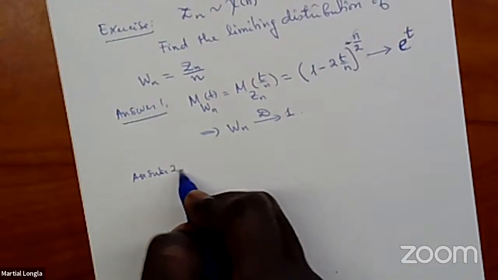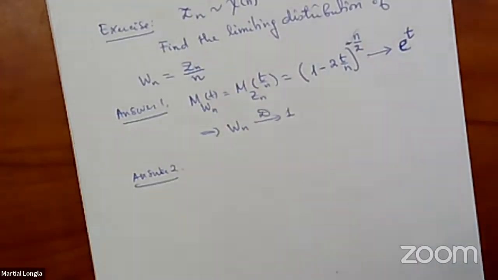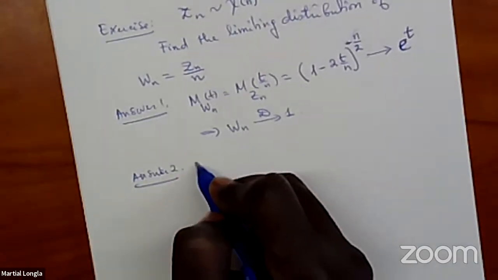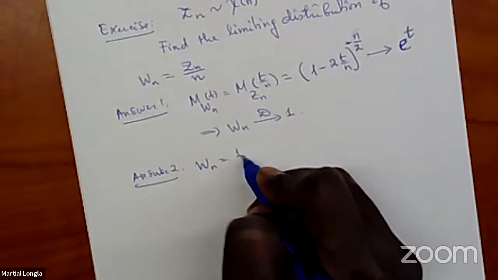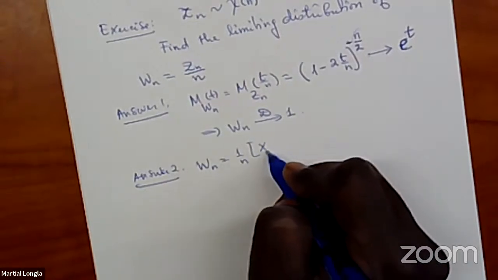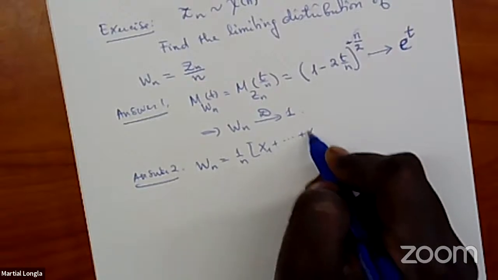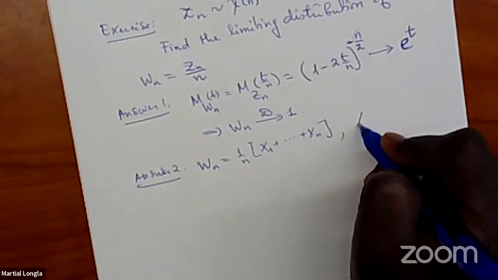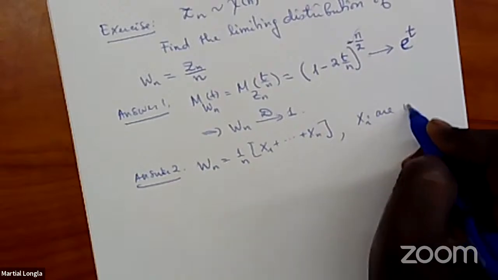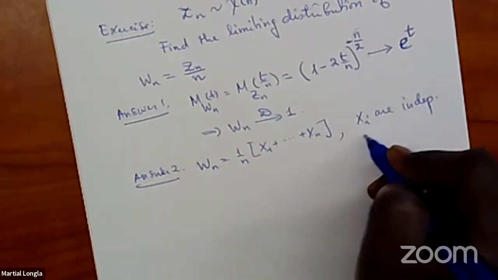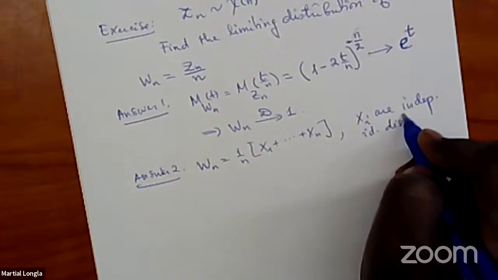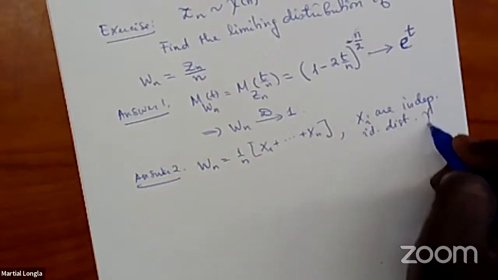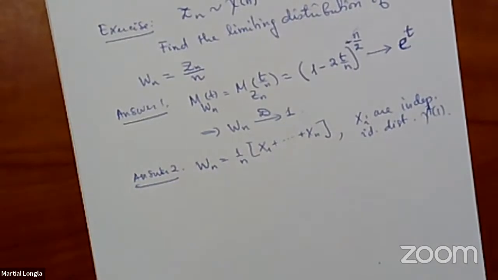Answer 2. The alternative was what I just did in the previous problem. You can do the same thing here and say Wn is 1 over n times X1 plus ... plus Xn, where the Xi's are independent, identically distributed chi-square 1, because you know that the sum of independent chi-squares gives you a chi-square with the sum of degrees of freedom.